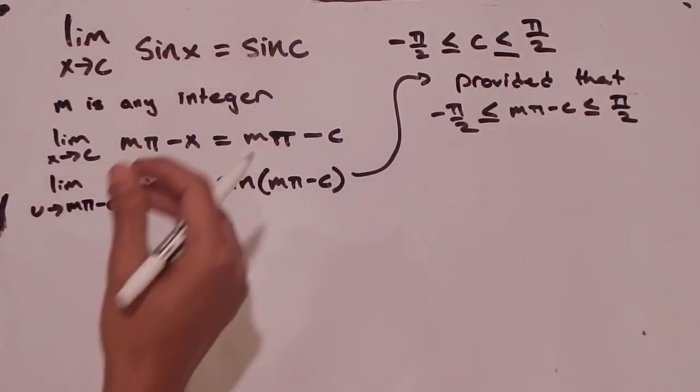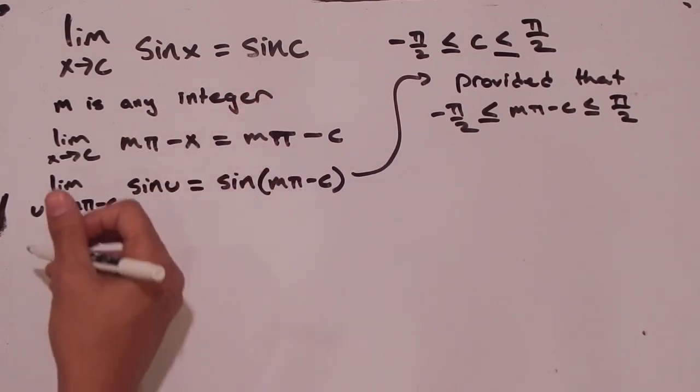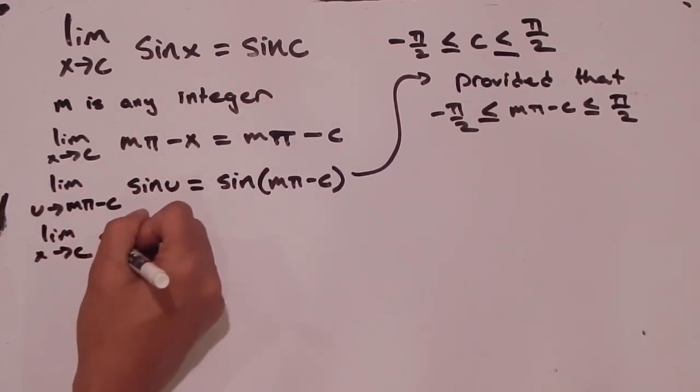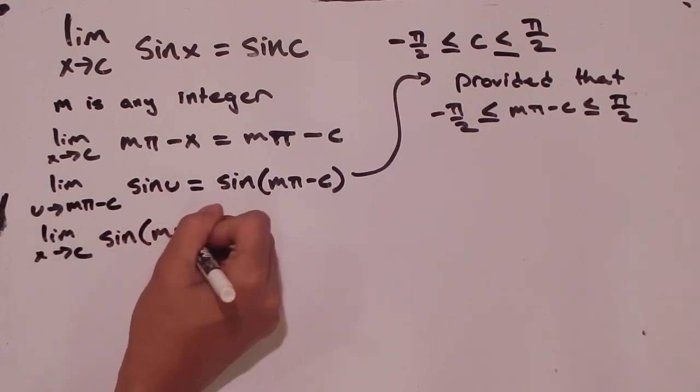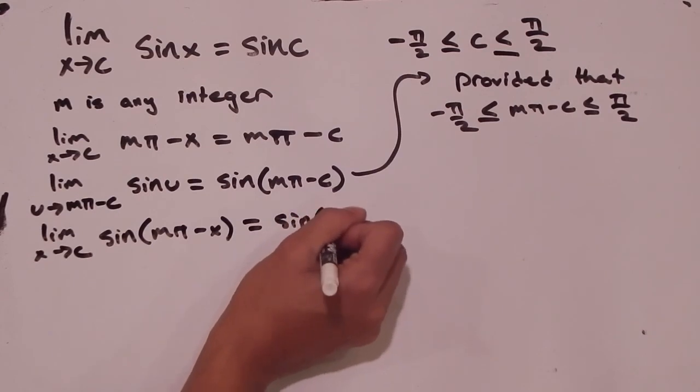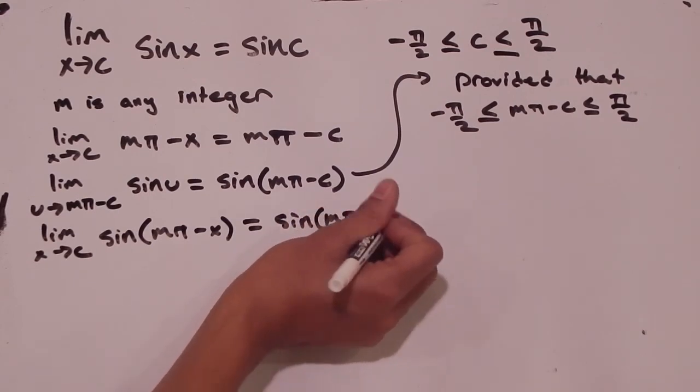So based on our limit of composite functions property, we can then say that the limit as x goes to c of sine of m pi minus x is equal to sine of m pi minus c.